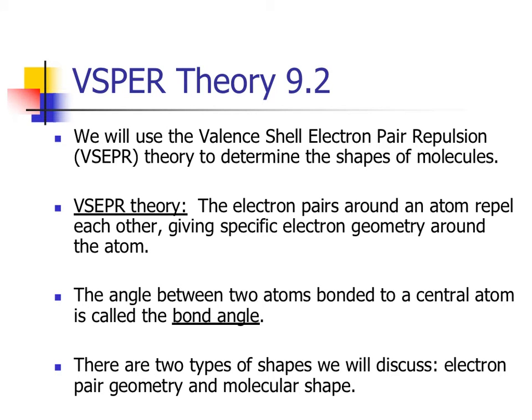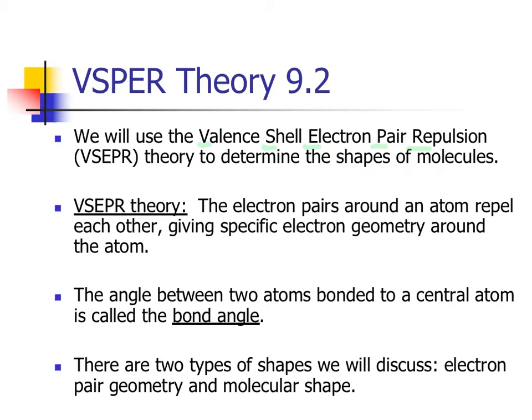Then we talk about VSEPR theory. VSEPR is just an acronym for a very long term called valence shell electron pair repulsion. Valence shell electron pair repulsion, VSEPR theory, and it gives us the shapes that the molecules have.